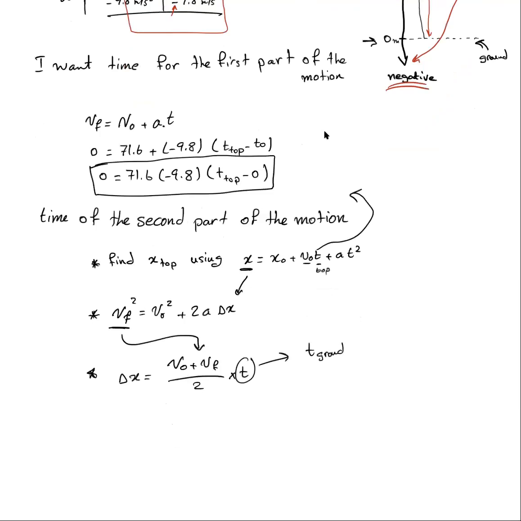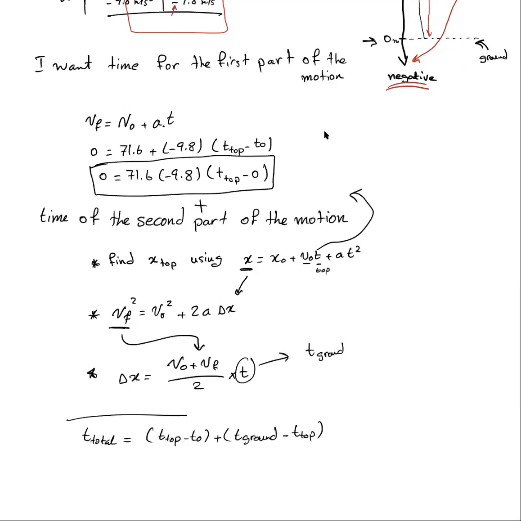The time that we're looking for, the time total, will be the time for the first part, which is t top minus t initial, plus the difference for the second part, which is t ground, the final time, minus t top.